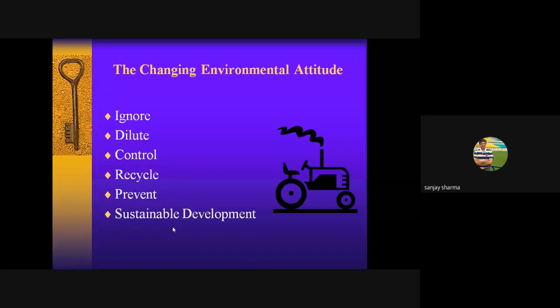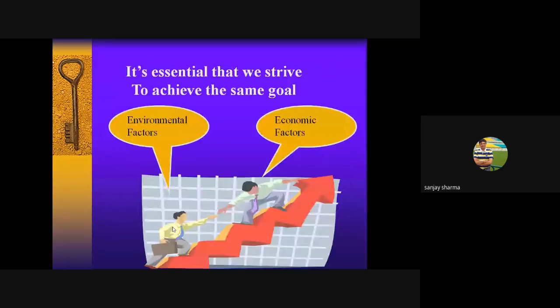Under that green mission, sustainability has been covered, and whatever development activities take place should be labeled as green activities. Environmental factors and economic factors may be pulling each other in different directions, but at the same time it is essential that we strive to achieve the same goal.